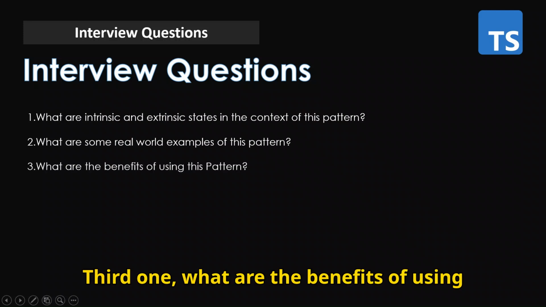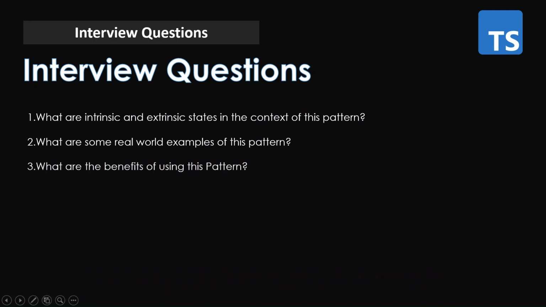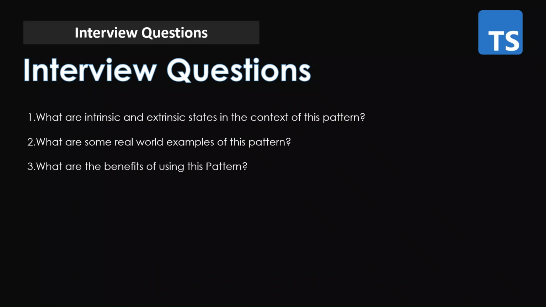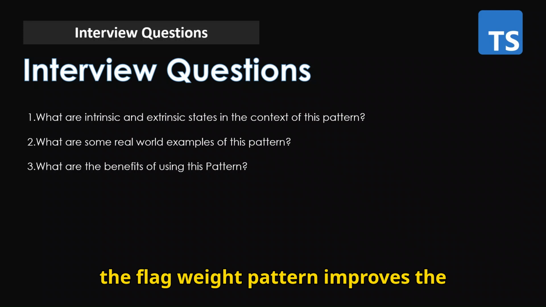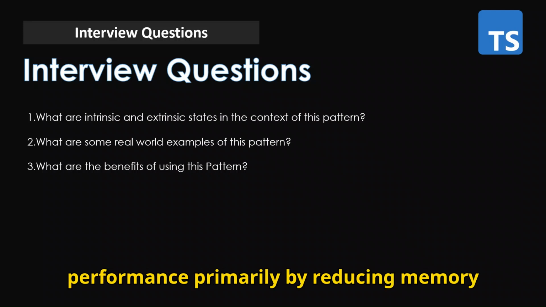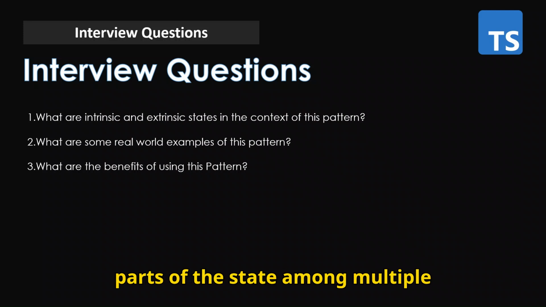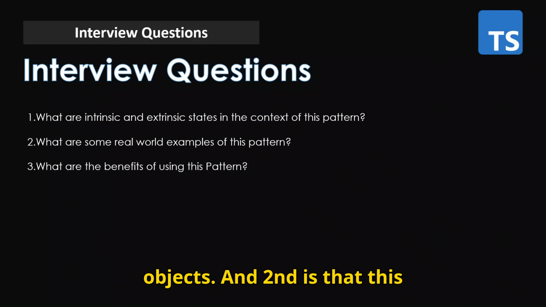Third one, what are the benefits of using this pattern? See, this contributes to the system performance first of all. The flyweight pattern improves performance primarily by reducing memory consumption by sharing common parts of the state among multiple objects. And second is that this is easy to implement.